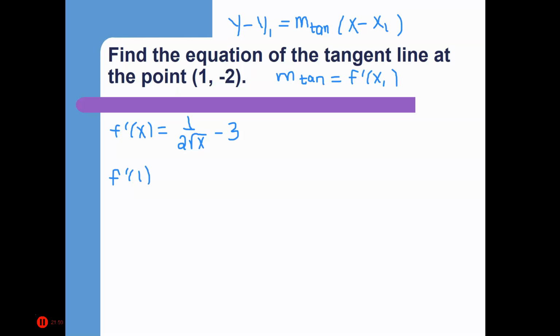So the derivative is f prime of 1, which is 1 over 2 square roots of 1 minus 3, which is 1/2 minus 3, which is negative 2.5. However, we want to keep that as a fraction, so we'd write it as negative 5 over 2.